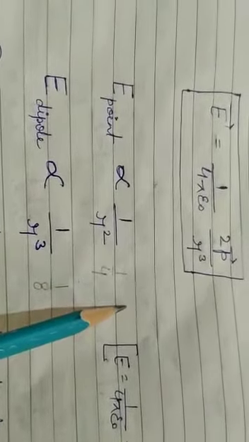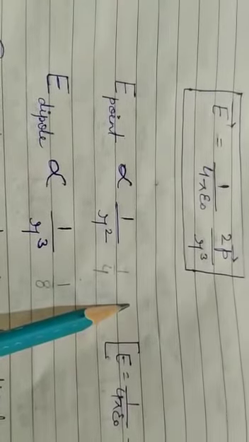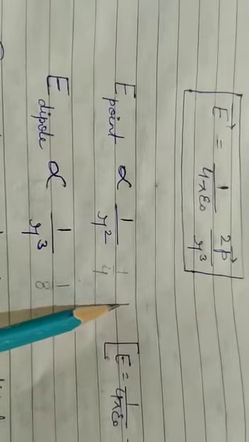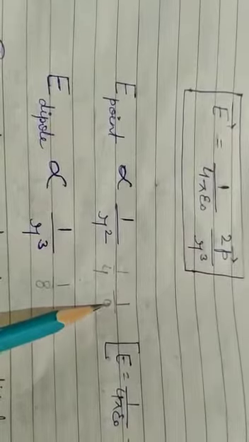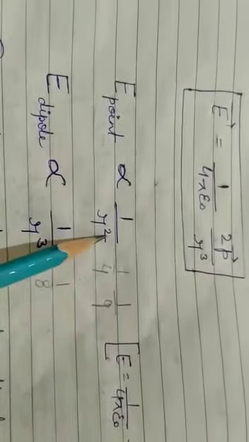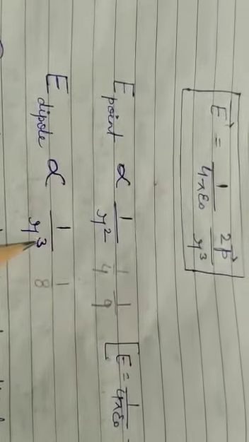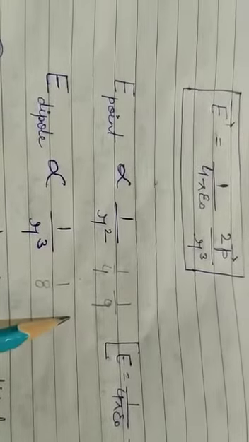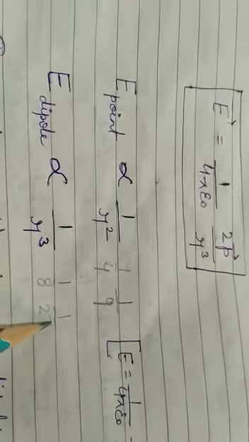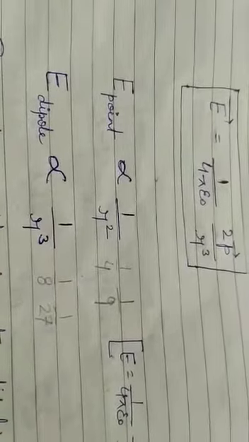If we increase the distance thrice, suppose the original distance is r and we make it 3r, then by how much will the electric field due to a point charge decrease? By 9 times, the square of 3. But here the cube is there, so it will decrease by 27 times.